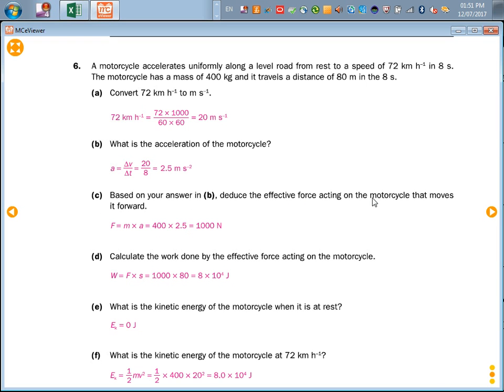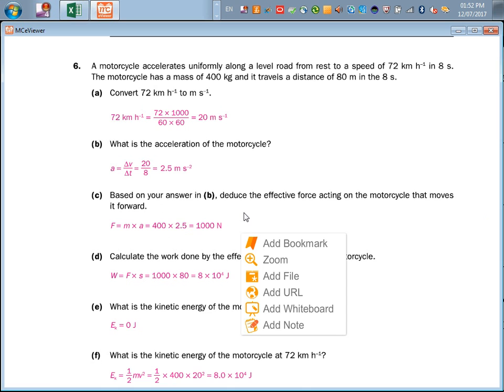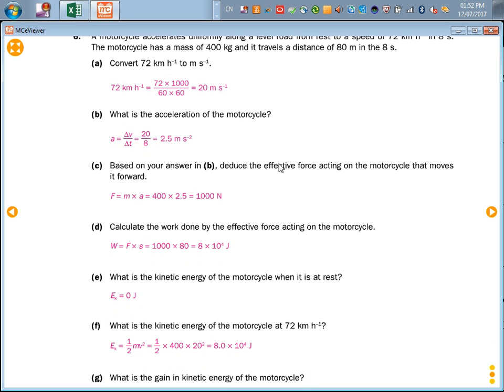And our resultant force is given by F equals to, Nadia? F equals ma. So mass given, acceleration calculated already. So 1000 newtons is the effective force acting on the motorcycle.